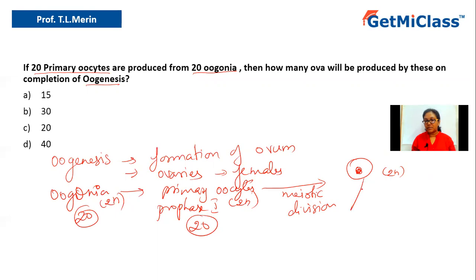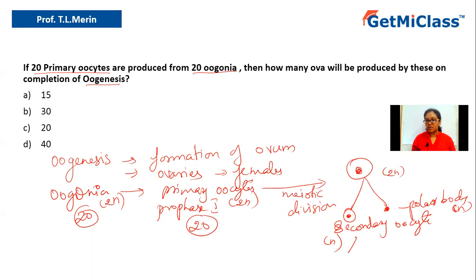This will complete its meiotic division and give rise to two cells. This undergoes unequal division where you get one polar body and the other one is the secondary oocyte. This secondary oocyte is haploid in nature, and the polar body is also haploid, because it has completed its meiotic division.